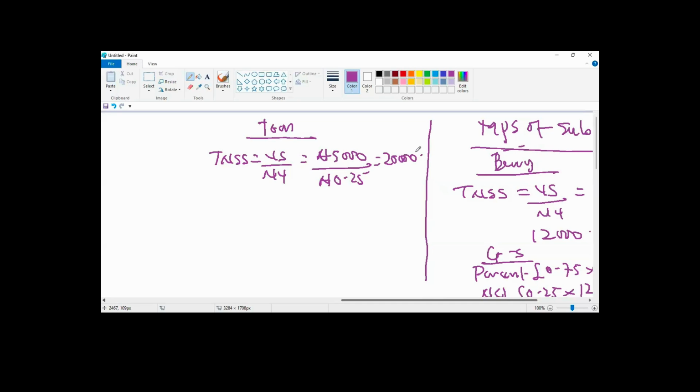Then he acquired 15 over 20,000 times 100. How many percent? 75%. So I've done the group structure. Parent, 75%, NCI, 25%.